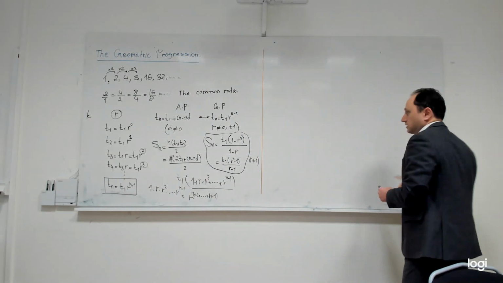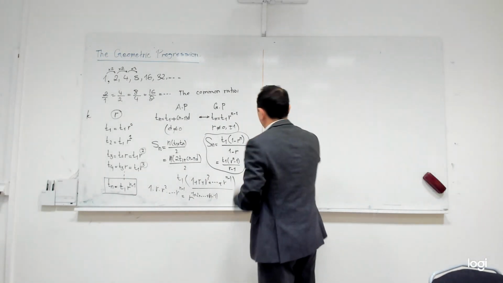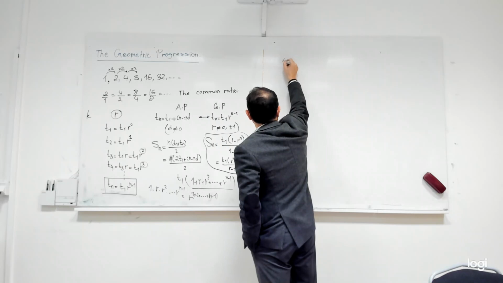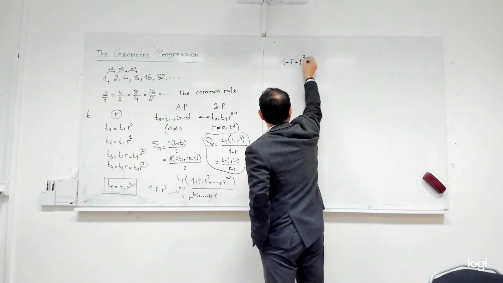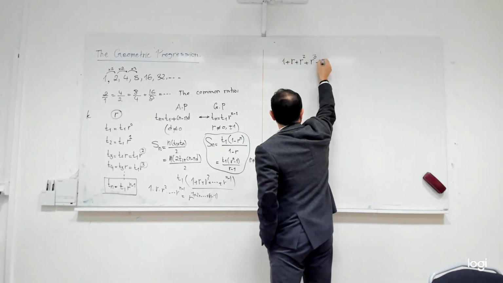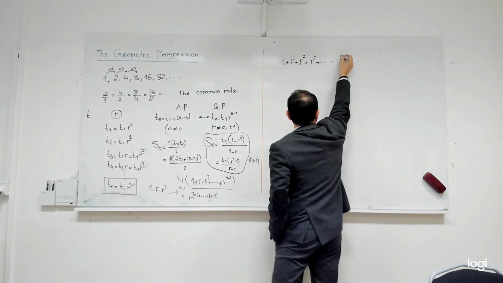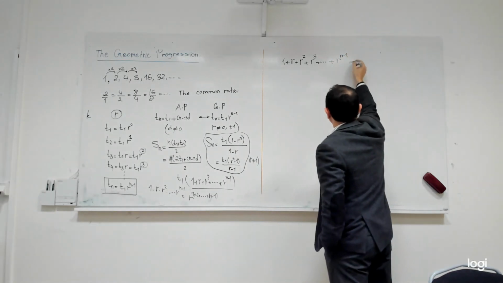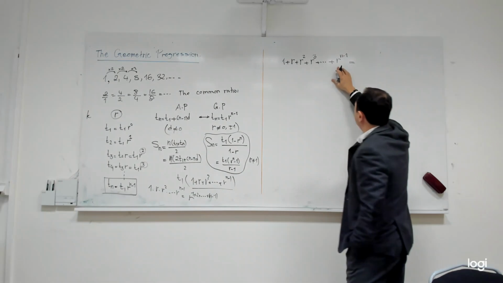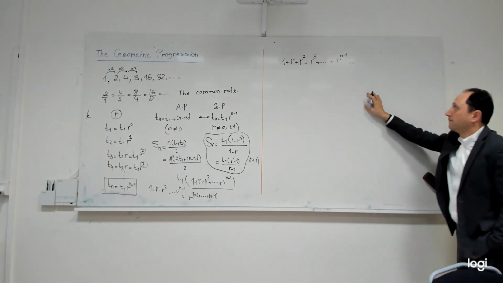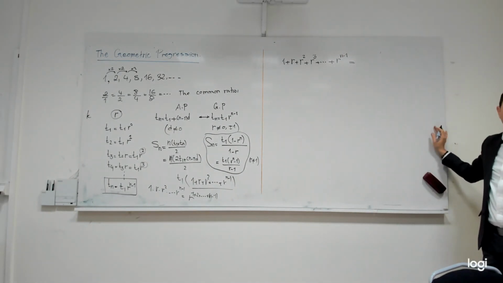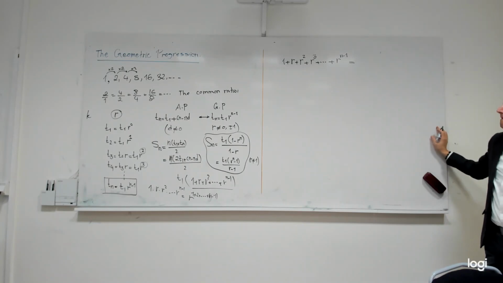Okay, so what's the answer? 1 plus r squared plus r to the power of 3 up to r to the power of n minus 1. Okay, if I want to add them, first of all, can you tell me how many terms you see here? How many summands? How many of them are there? I see 4 or 5.